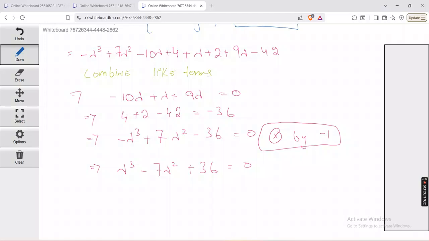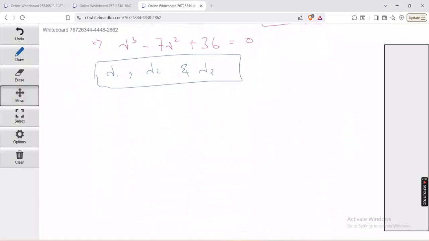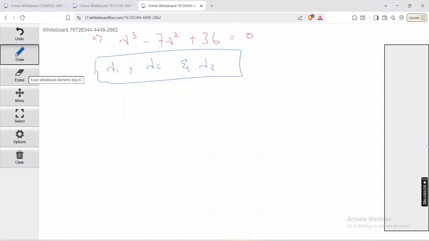Now once you reach here, what we need are lambda 1, lambda 2, and lambda 3. We need the eigenvalues.